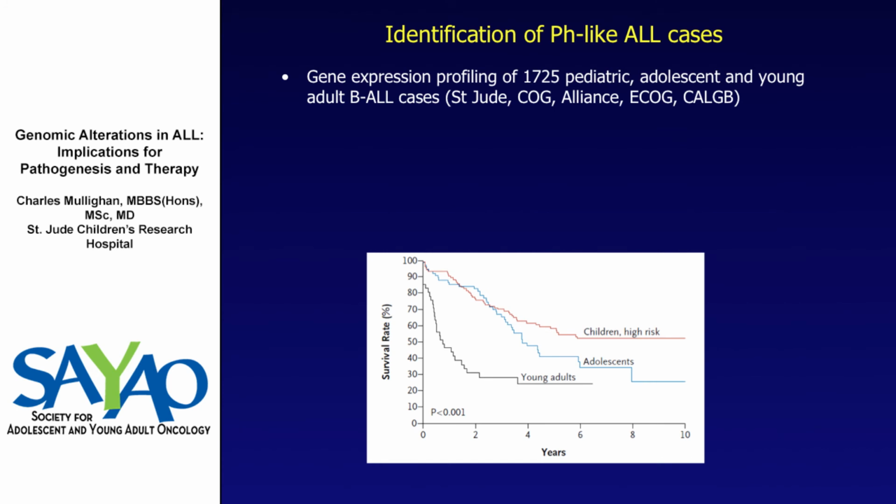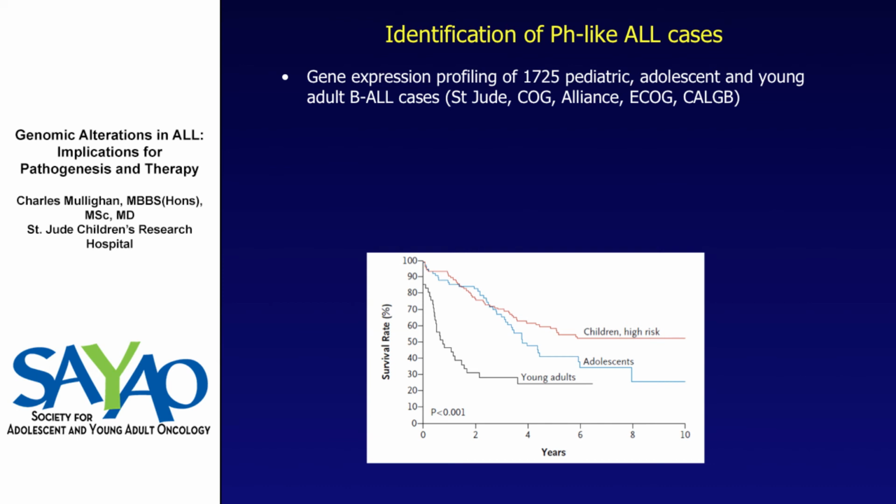If we move forward now, we've just published a large study looking across the age range from children just beyond infancy up to the age of 39, using initially microarray gene expression profiling and subsequent genomic characterisation and sequencing to define the prevalence across that age spectrum of PH-like ALL and to look at outcome and the underlying genetic lesions.